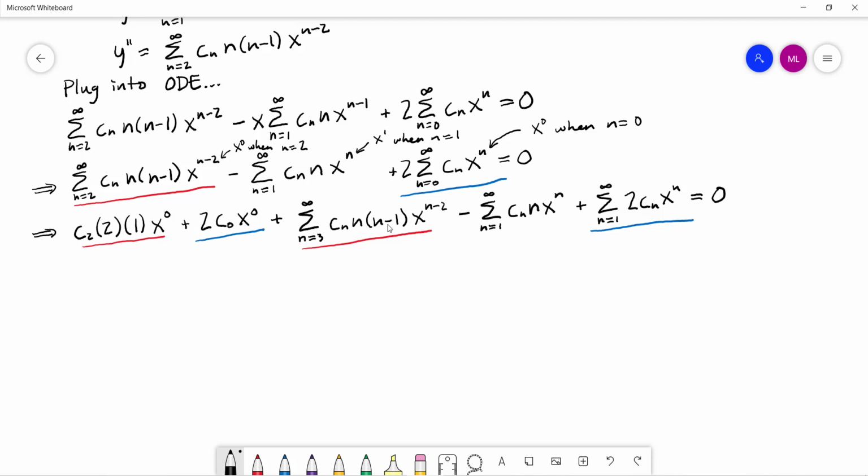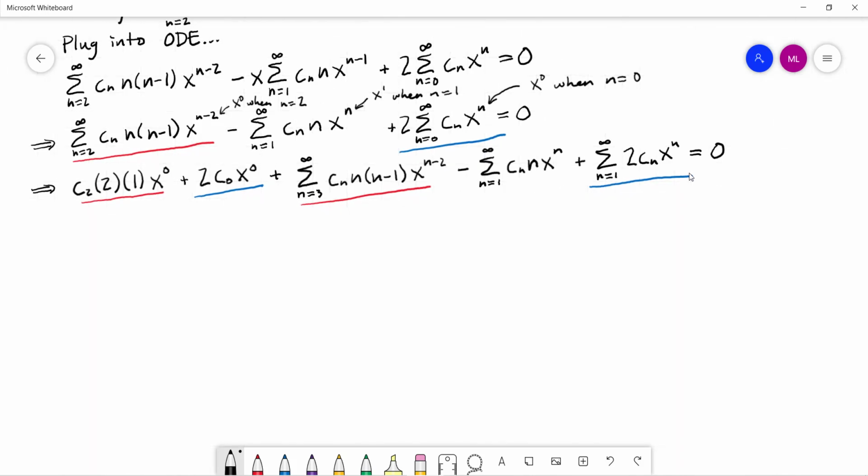Good. So now I've got these sums. They all start with the same power, in this case x, but we also need to re-index them because they all start at different indexes. So I'm going to use the index. Again, I'm just going to look at the power and have that tell me what my index change should be. So for this one, I'm going to let k be equal to n minus 2.